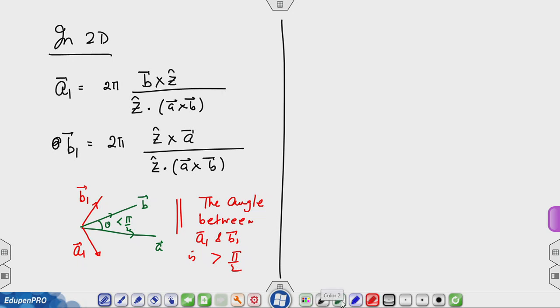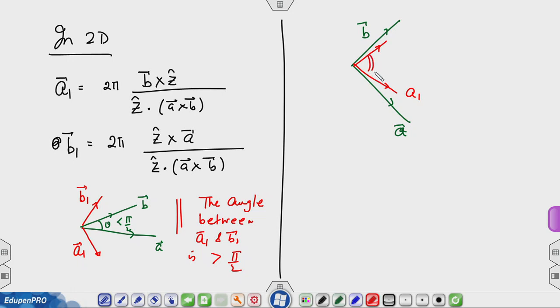Similarly, if I have this lattice A and B, then A cross Z or B cross Z would be perpendicular to B. So, this will be like this, and so this will be A1, and Z cross A would be perpendicular to A. So, that will be like this.